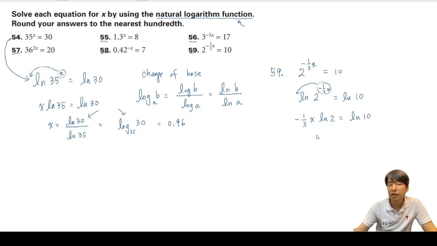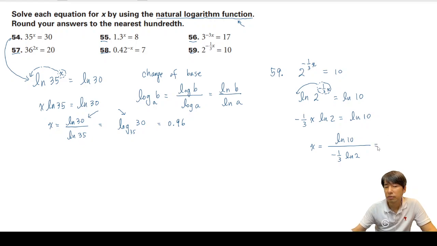So I'll leave x on the left-hand side and get rid of everything else by dividing each side by negative 1 over 3 ln 2. So then you end up with ln 10 over negative 1 over 3 ln 2. Okay?